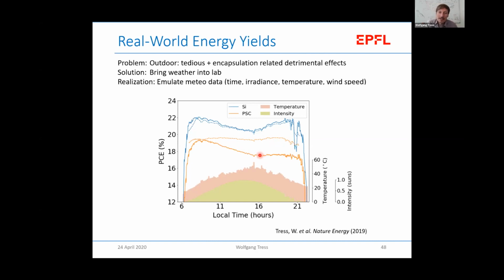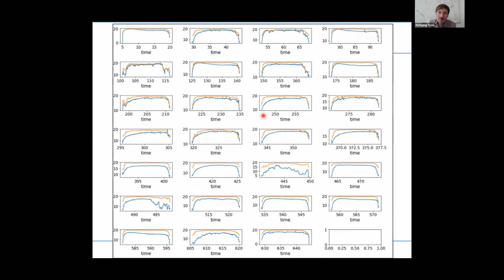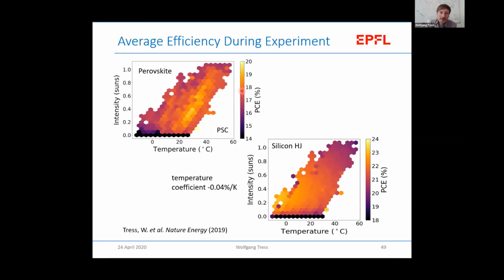So at least for the devices which we have nowadays, these were titania-based NIP devices, this effect would be really relevant in operation, and we actually measured many days during the course of a year. And at the end, we could make these maps here, which I was already mentioning, when we compare silicon with perovskite solar cells during our weather experiment, the efficiency versus intensity and temperature.